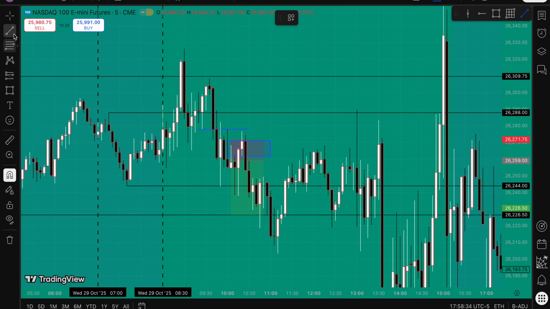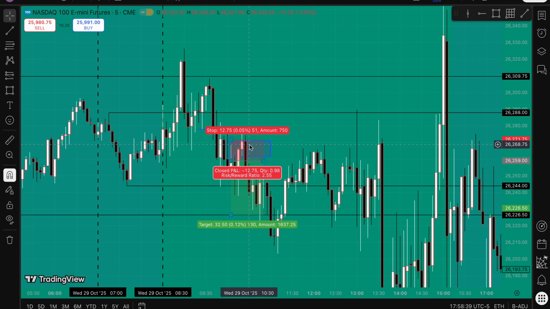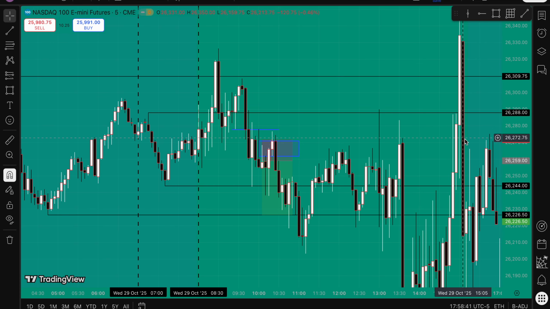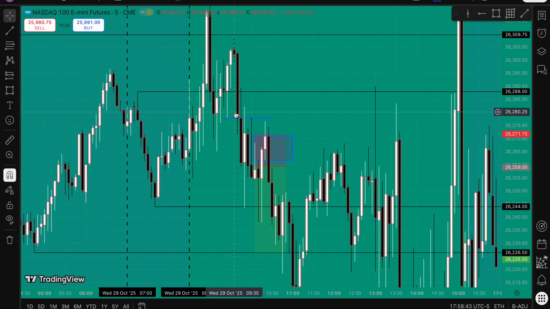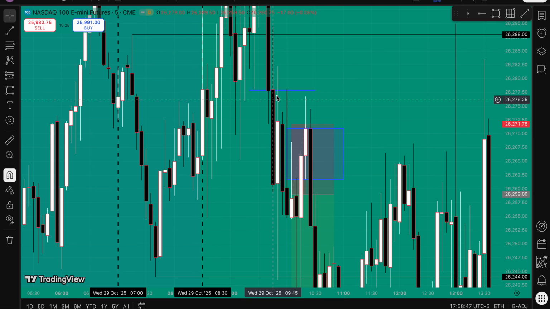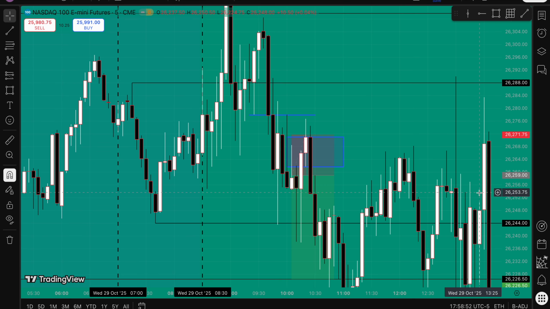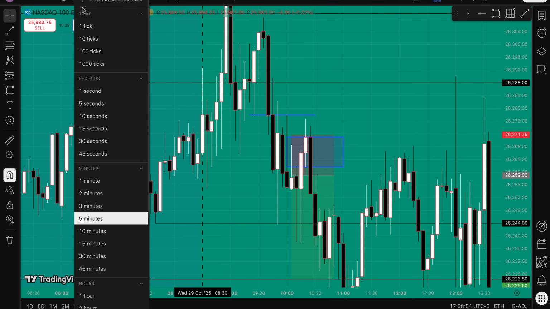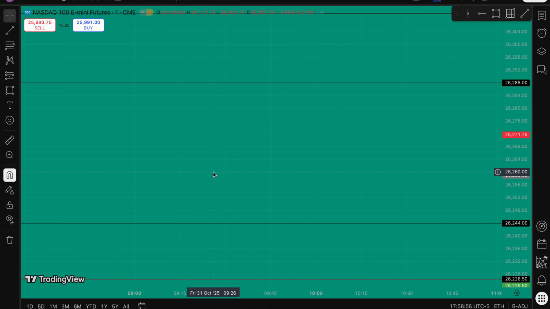Yeah, I have it marked. This is where we break the structure. I honestly waited because I couldn't tell if we broke structure on top of it or right below it. But it looks like we kind of went under. I entered somewhere right here. Let's enter the 1-minute time frame.